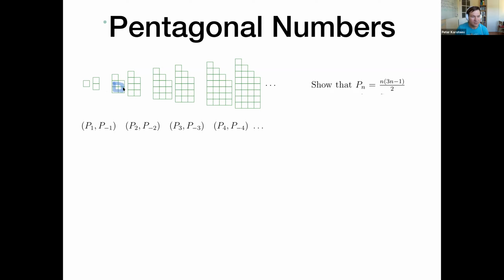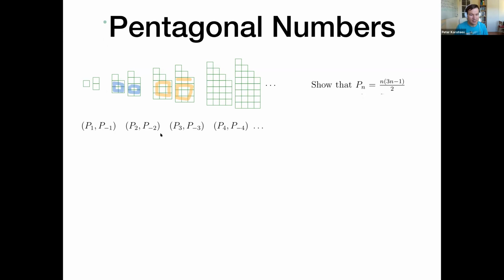So there's always a square k by k, right? Only now for the p with the negative index, we just add an extra row. So you take a square and then you try two different triangular numbers, right? The one with k minus 1, so you can also write it like this.